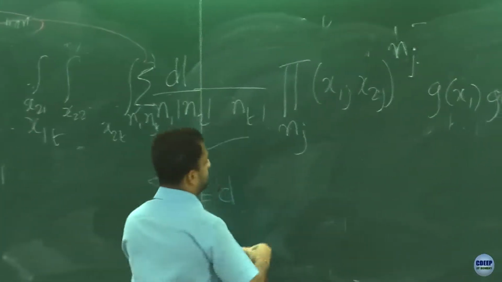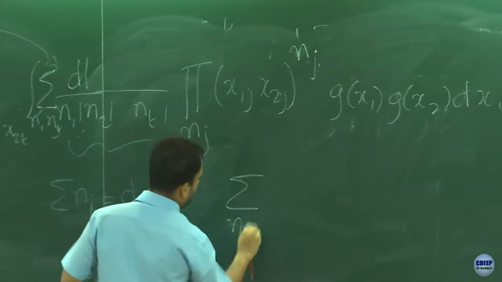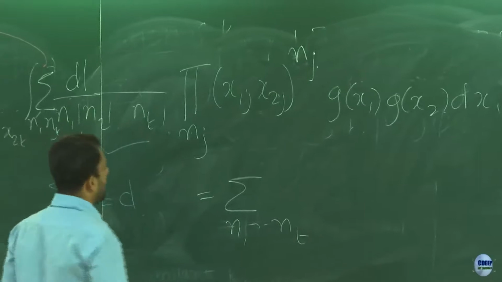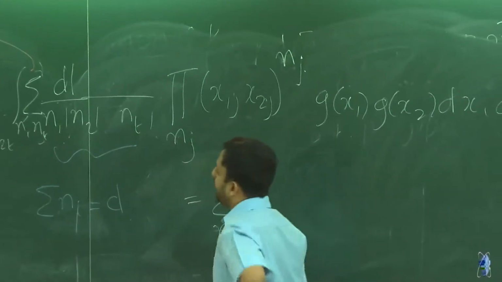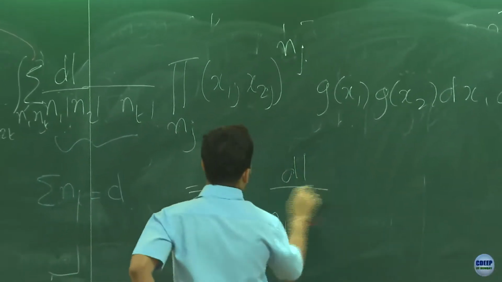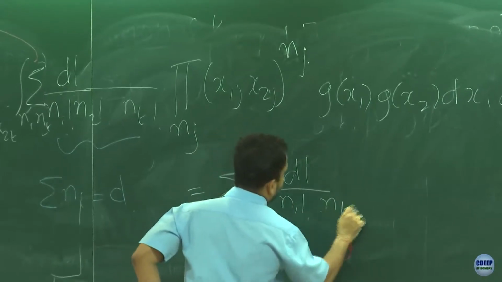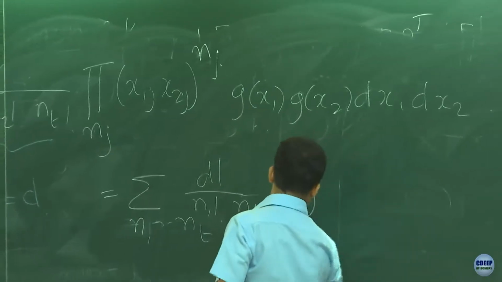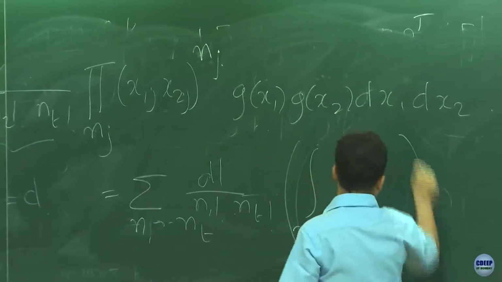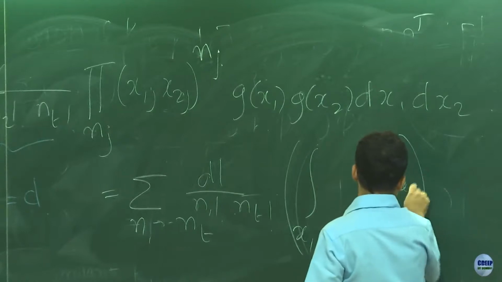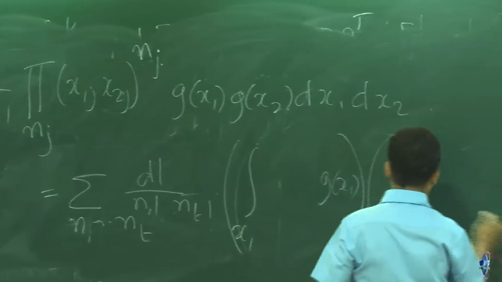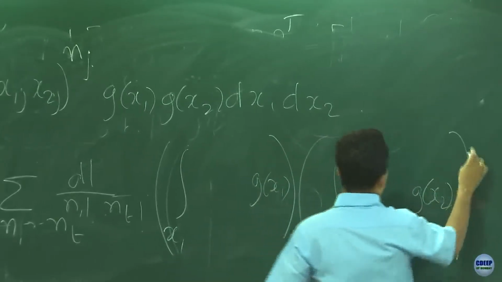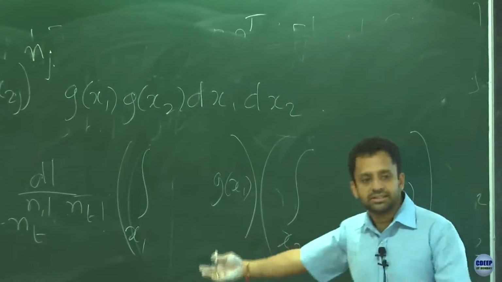What you will have is a summation over n1 to nt. So I'm just showing you the basic idea. You'll have d factorial divided by n1 factorial to nt factorial times some integral over x1 g of x1, some integral over x2 g of x2, and you realize these two are exactly the same.